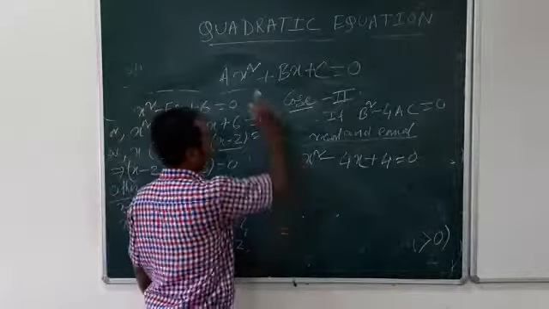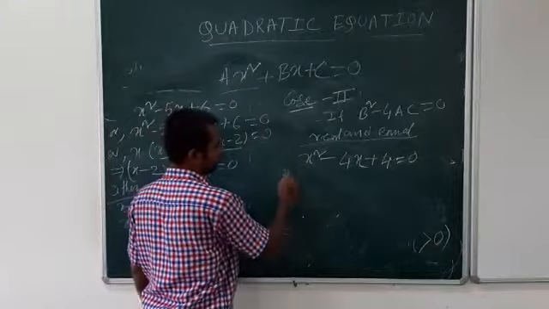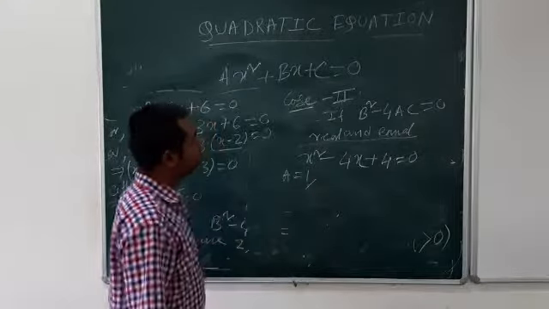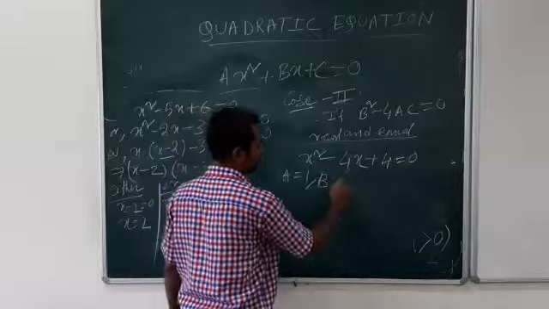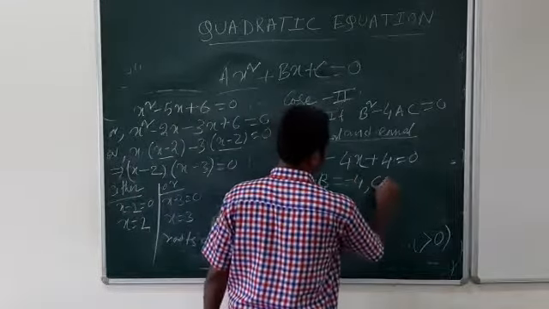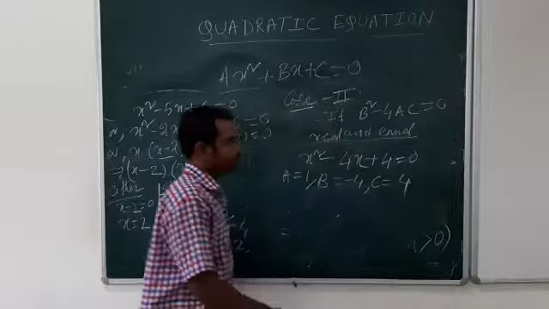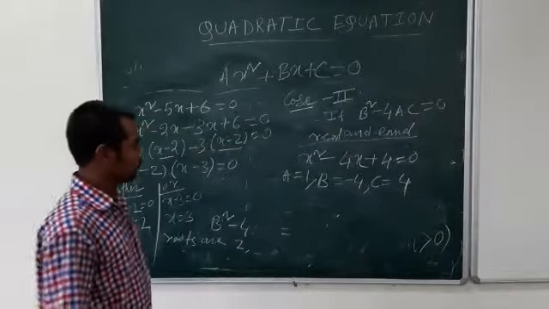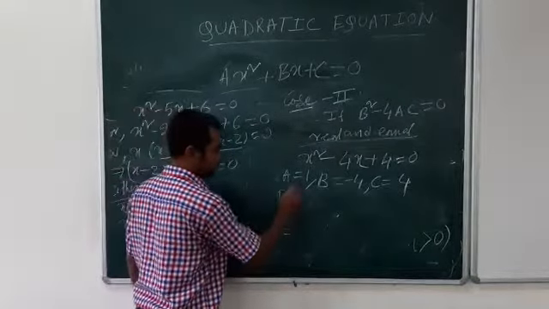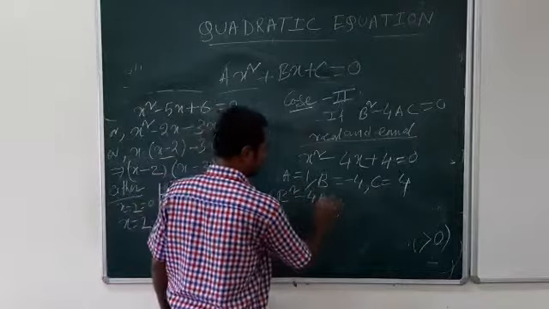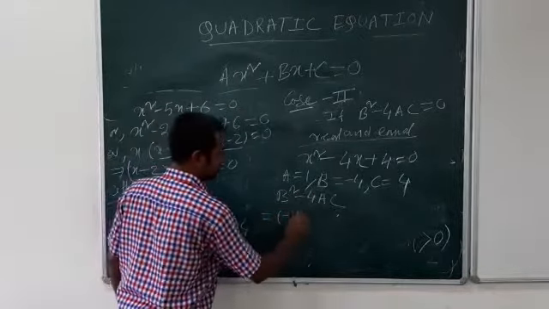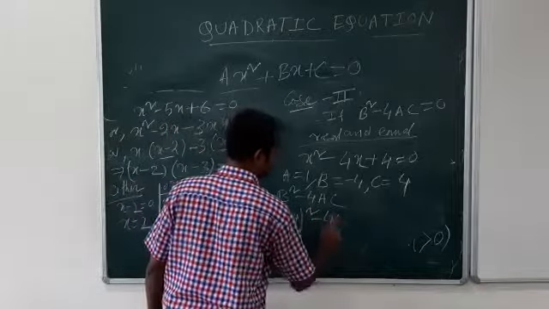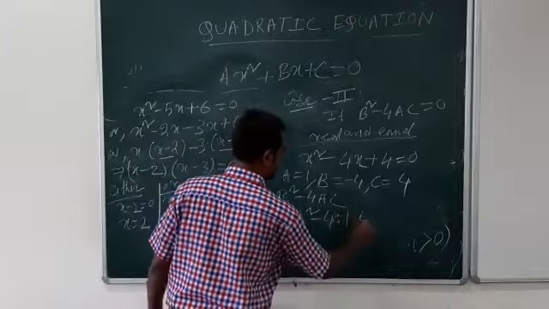So here, after comparing with the standard form, a is equal to 1, b is equal to minus 4 and c is equal to 4. So the discriminant b square minus 4ac is minus 4 whole square minus 4 into 1 into 4.